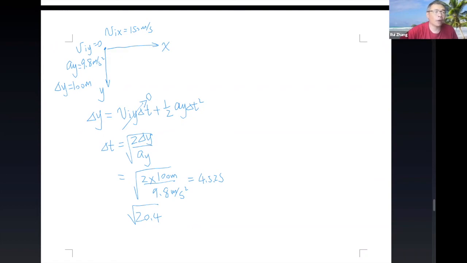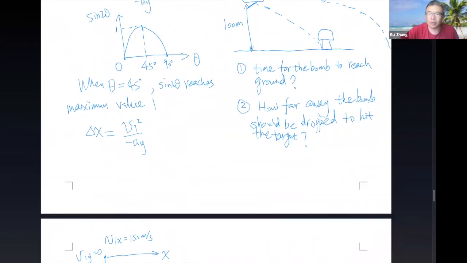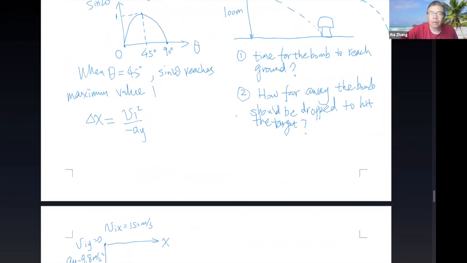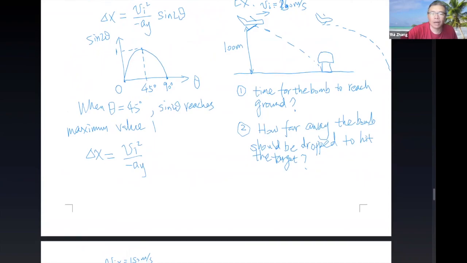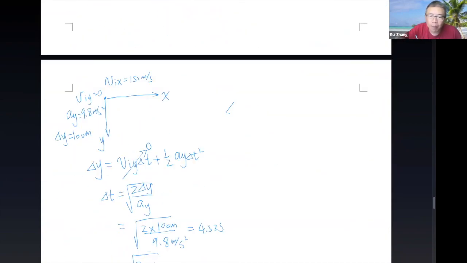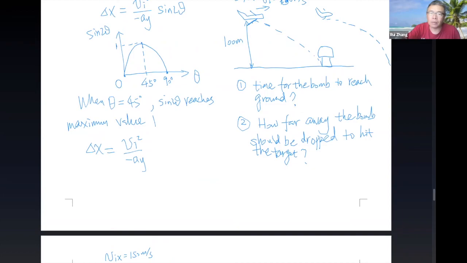You're not calculating the velocity. Now, after you got this first part, the second part asks how far before the target the bomb should be dropped. That means, with the given velocity, the bomb is going to move along the x direction by the displacement delta x. The time is determined by the vertical direction, and the velocity given is the same as the velocity right after it's dropped, because going horizontally is constant velocity motion.